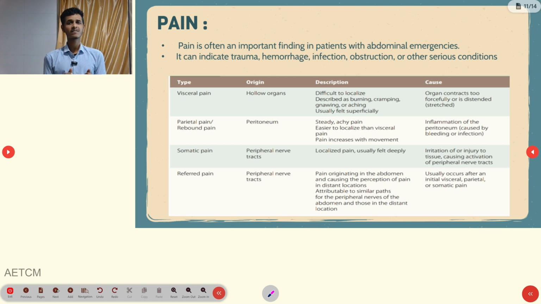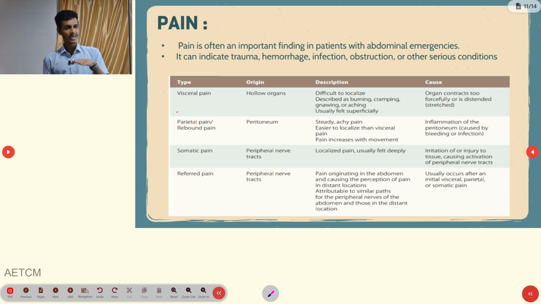Mainly it is because of organomegaly or organ contraction. The nature of the pain will be a burning pain, muscle cramping, gnawing, and aching, which are common in nature.